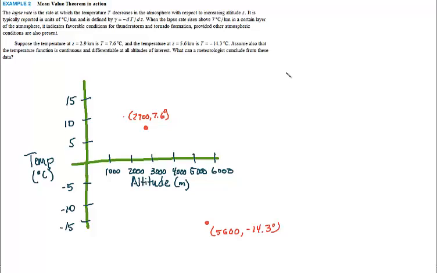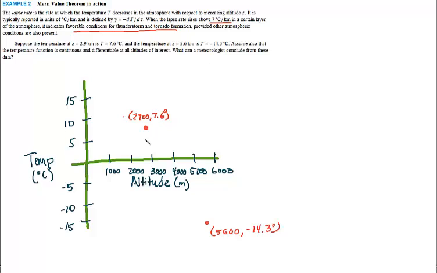Alright, I've drawn a picture for this particular problem. We've got some sort of meteorologist, and he's concerned about whether or not we've got favorable conditions for thunderstorms or tornadoes. Whenever the lapse rate rises above 7 degrees Celsius per kilometer, then we might have that occur.